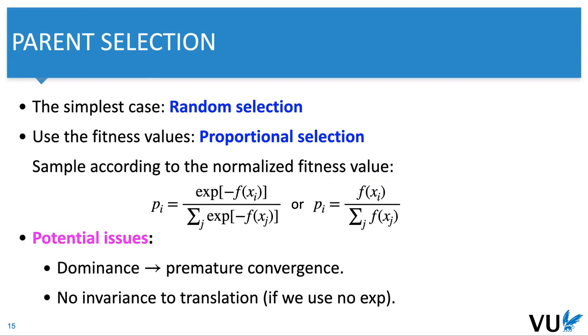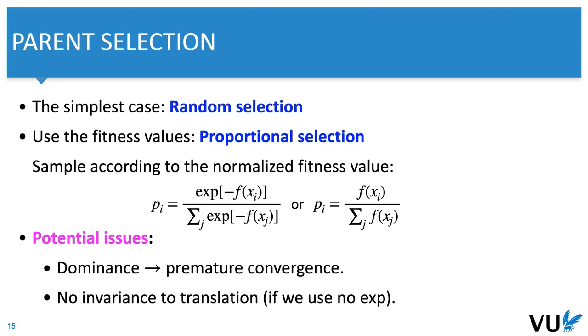Potential issues, so dominance. The problem is that we can select too often the strongest points. And another thing, if we use just this normalization of the fitness function, we can have problems with translations.